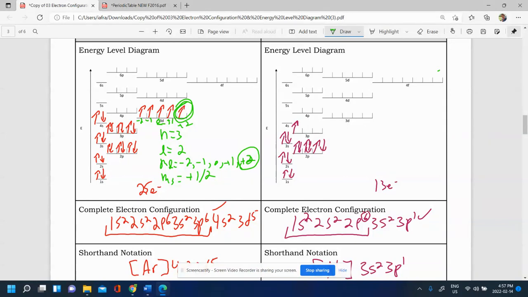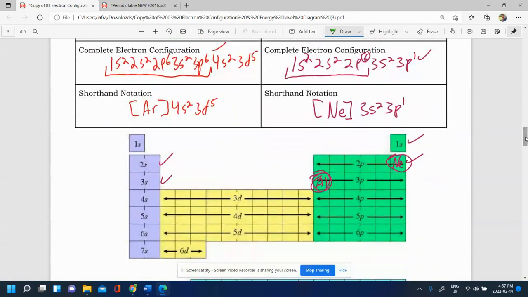So let's go to our periodic table here. For most things in this region here, they're going to be the S and P. For most things in here, they're going to be simply your highest S value.